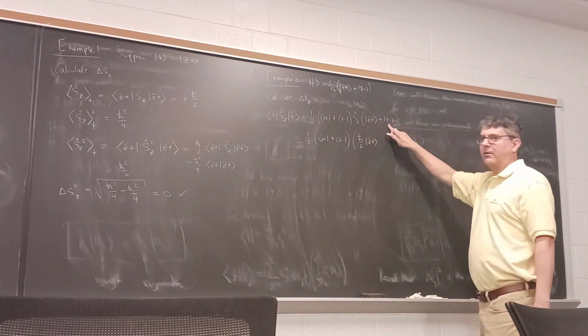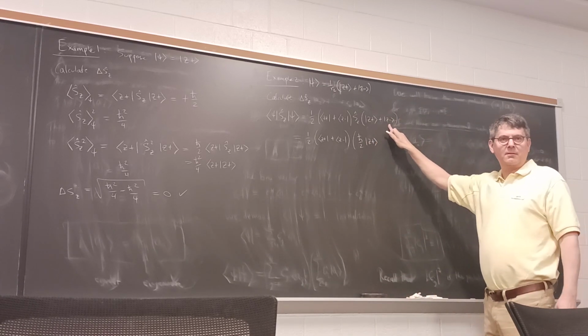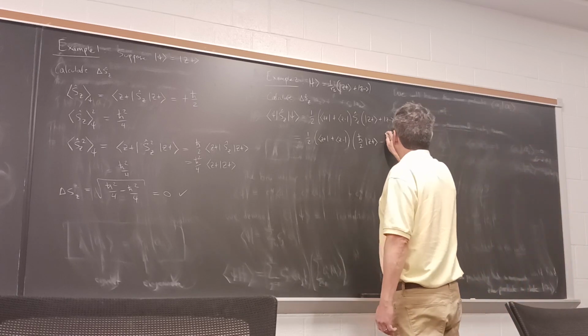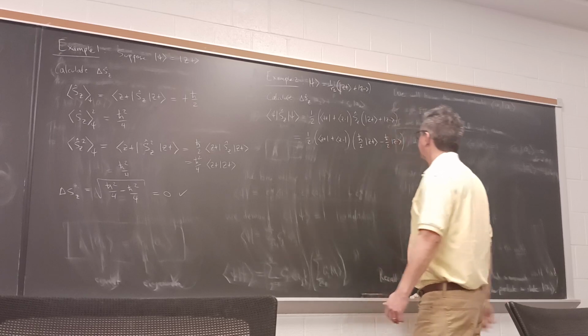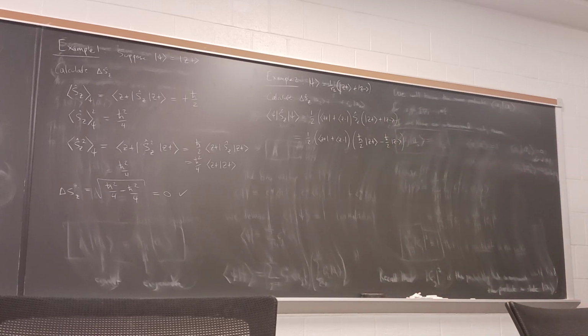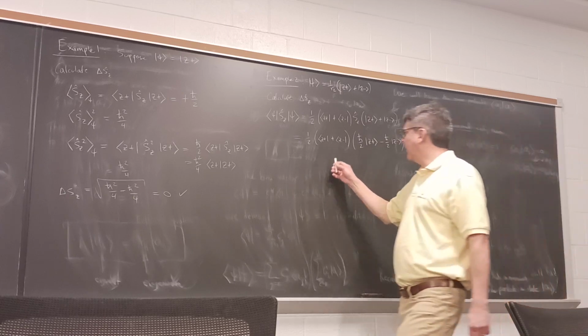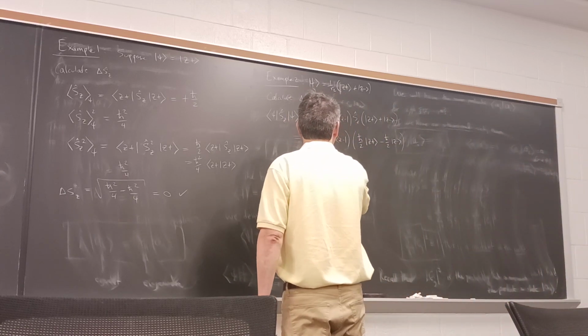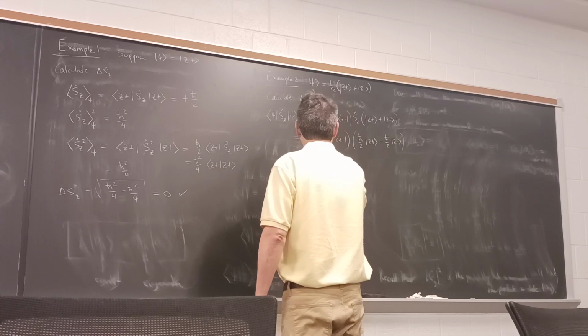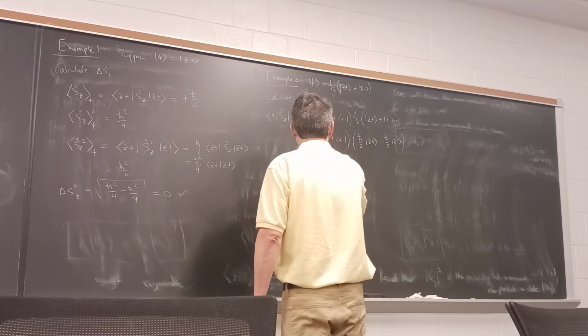Then what am I going to have in front of z minus? Minus h bar over 2. Right? Okay. So now I can bring out these h bar over 2's, but I'll have an overall factor here of h bar over 4.